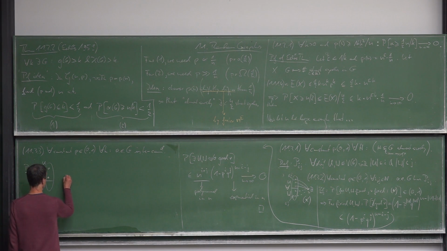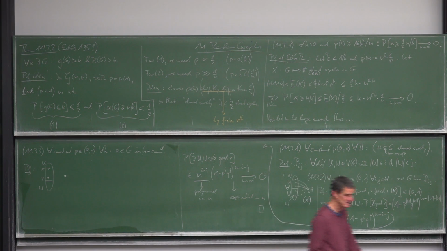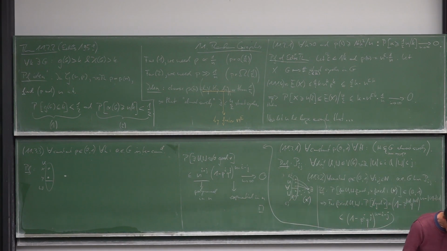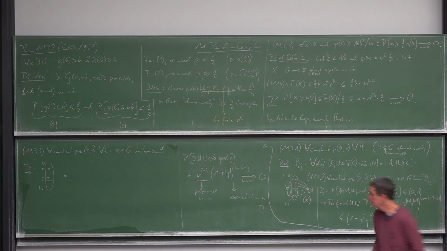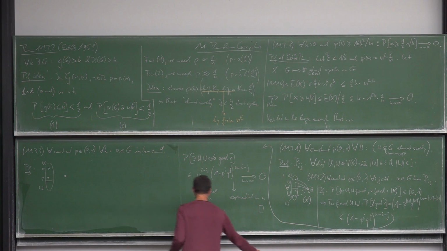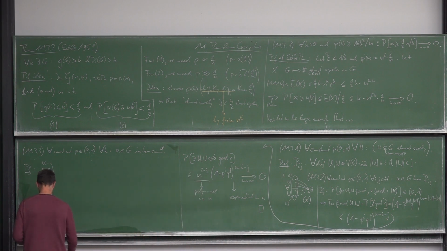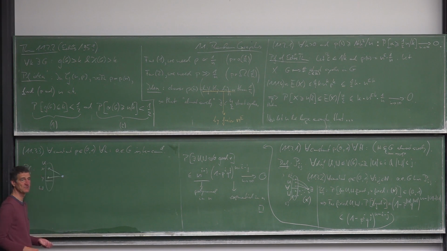Right, then, okay, there exists a purple vertex that is adjacent to these two, and non-adjacent to the empty set.